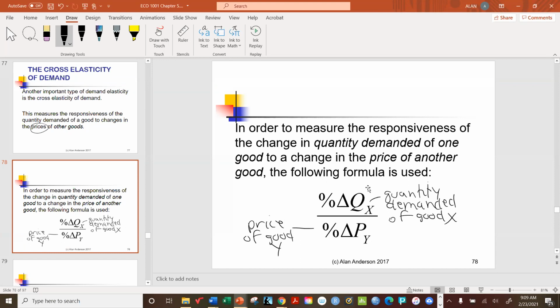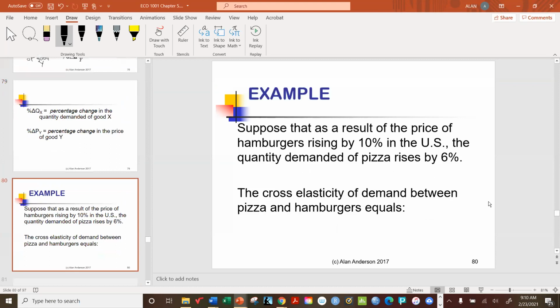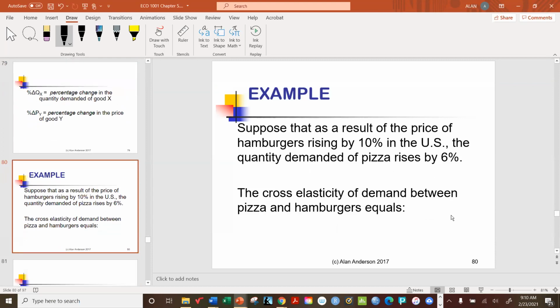Okay, so let's find out. Let's look at an example of this. All right, here we go. So hamburgers become more expensive by 10%, and as a result, people buy 6% more pizza. Would that happen in practice?